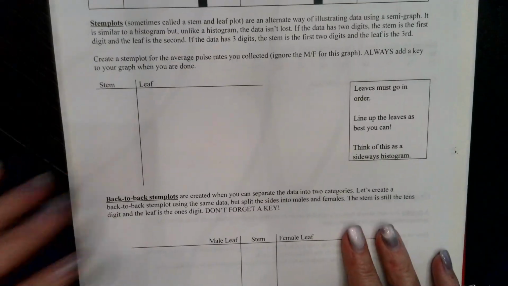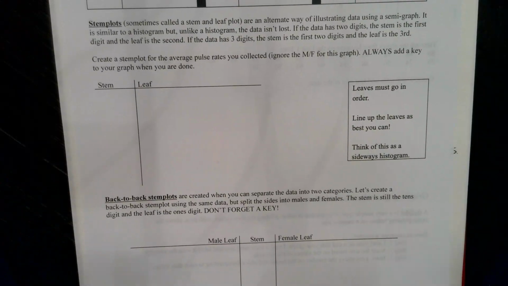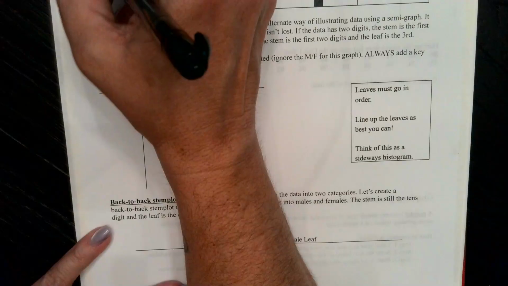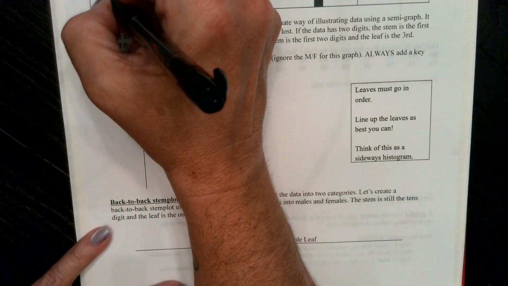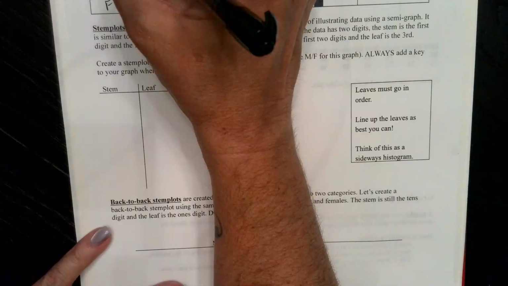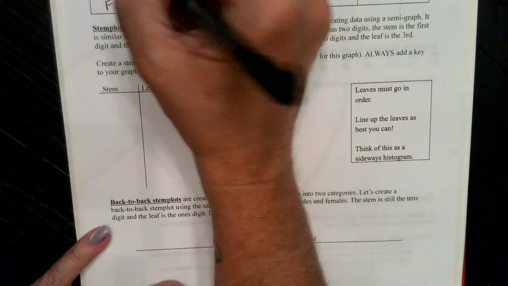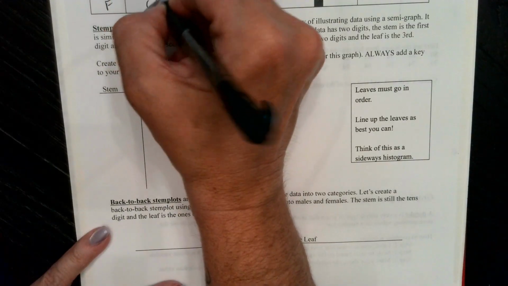Let me make up some data here. So let's just say female, female, male, female, female, and I'm going to give some average pulse rates: 63, 88, 46, 50, 68.